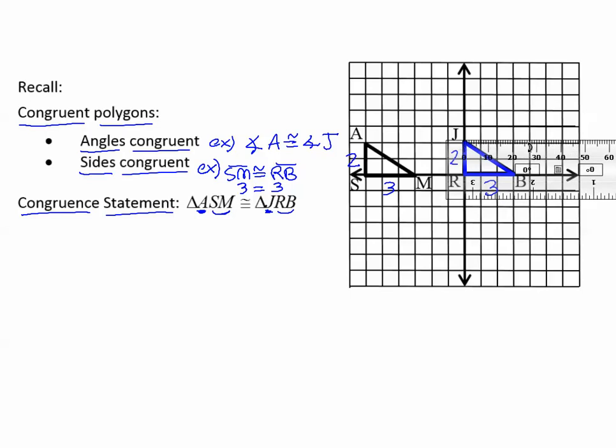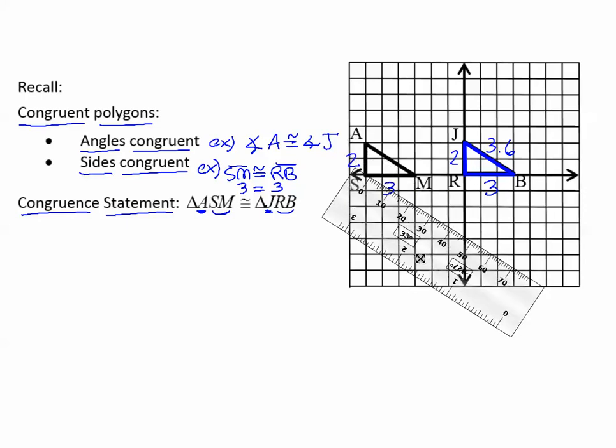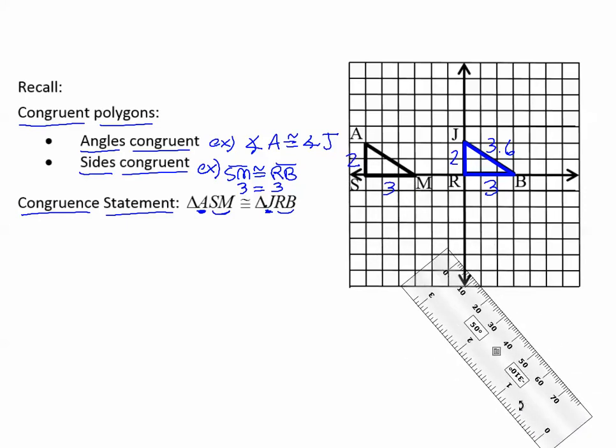According to the graph, the 2.5 ends just past 1, 2, 3 and a half blocks. So we'll call that side approximately 3.6 blocks long. If we measure the corresponding side in the other triangle, AM, it measures to the same place on the ruler as well.